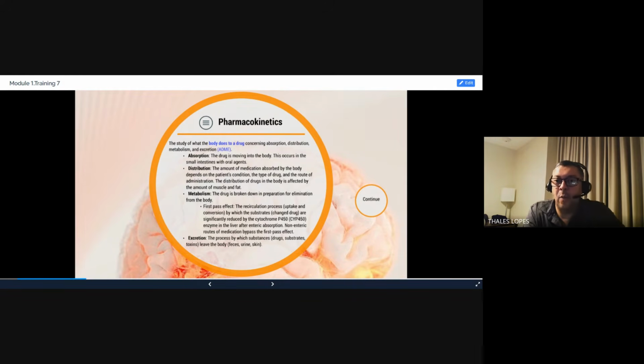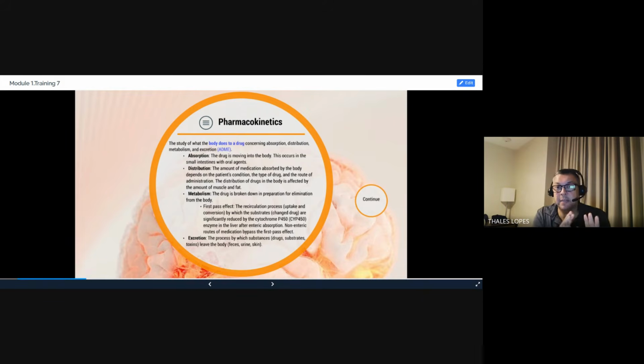So now it has a black box warning, but just because it has a black box warning is not a reason for not prescribing. If you think about this, what is the black box warning for an SSRI? Increase in suicidality, but you're prescribing because you want to decrease suicidality.